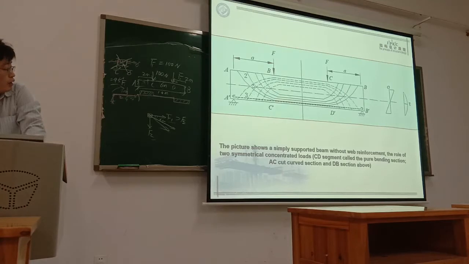If we take a small part of this beam out, see, this part 1 is at the neutral axis. At this position, the tensile force and the compression force are equal, only the shear force. So part 2 is in the compression area. Part 3 actually is in the tensile area.